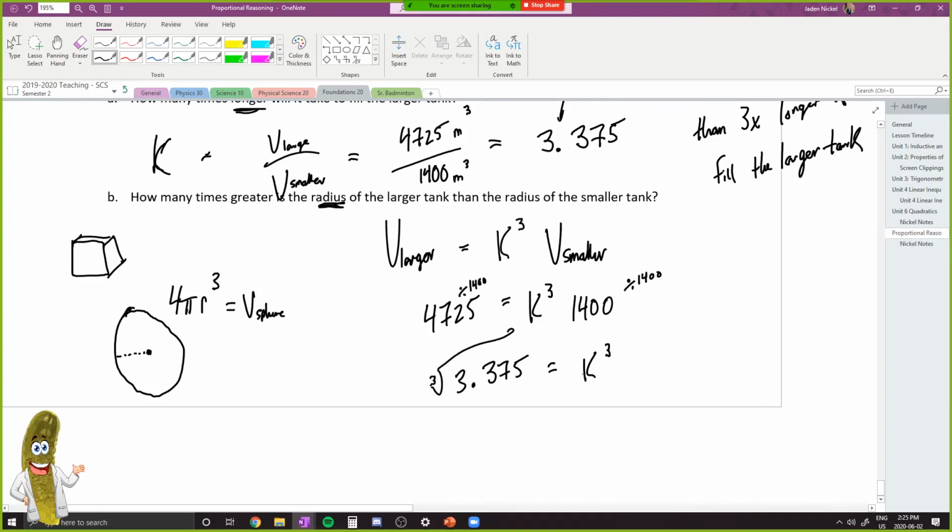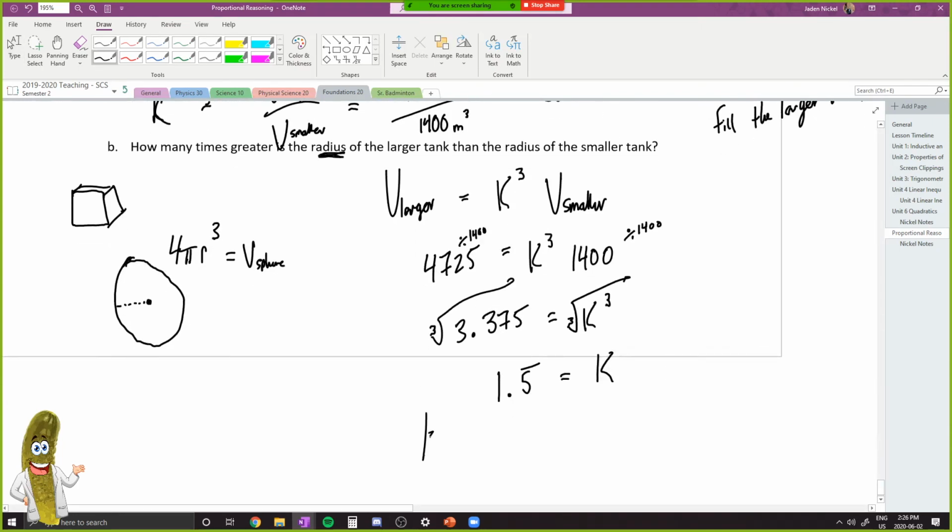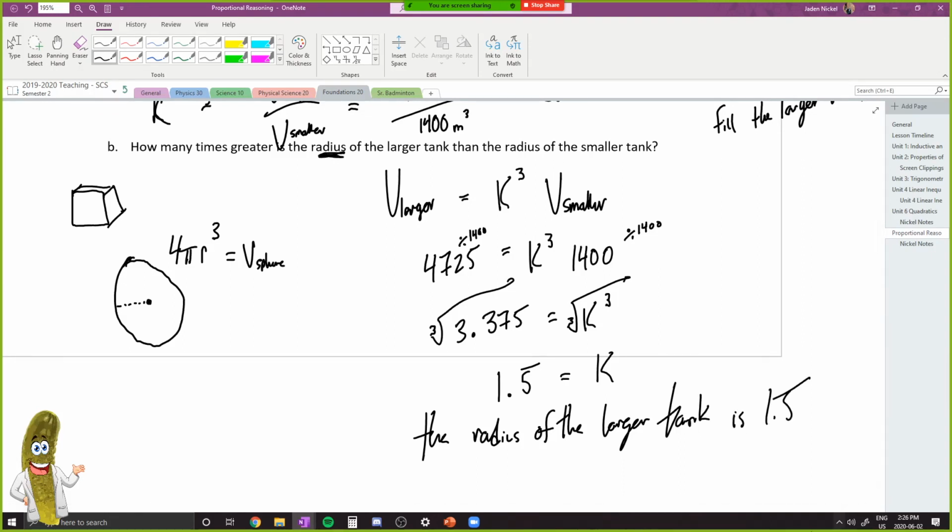We then take the cube root of both sides because this is cubed and we want to get rid of that to solve just for k. And you'd find out that the radius of the larger tank was 1.5 times longer than the smaller tank. The radius of the larger tank is 1.5 times longer than the radius of the small tank.